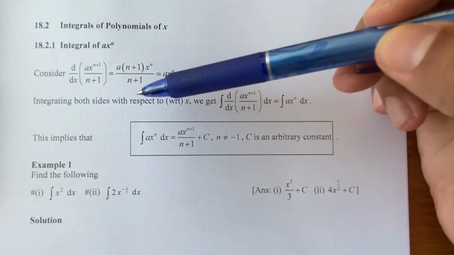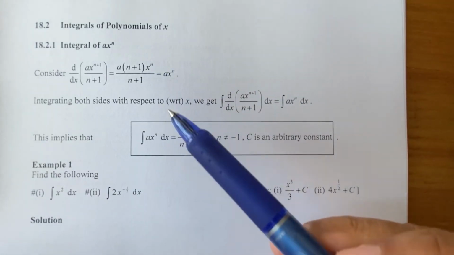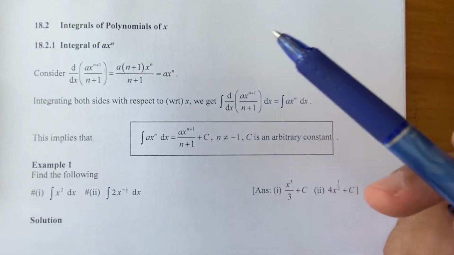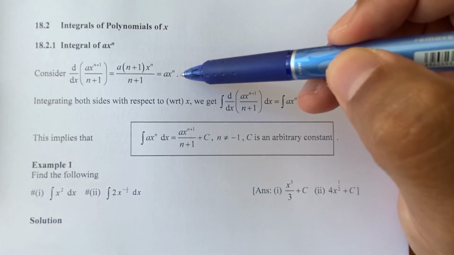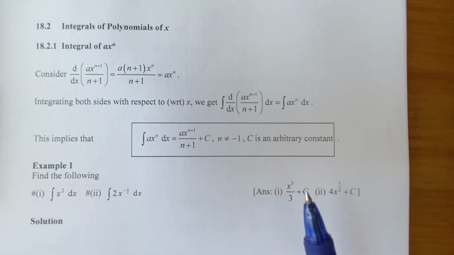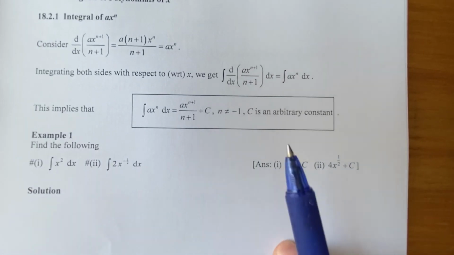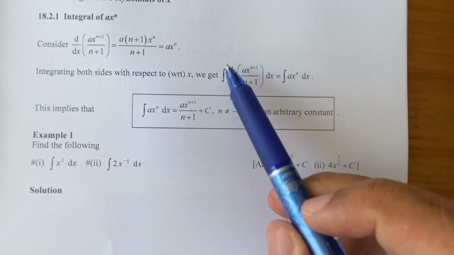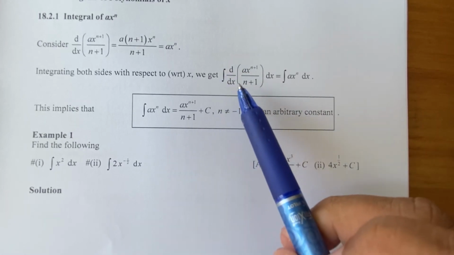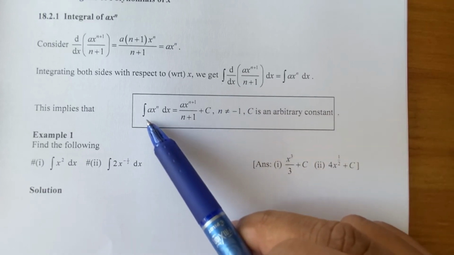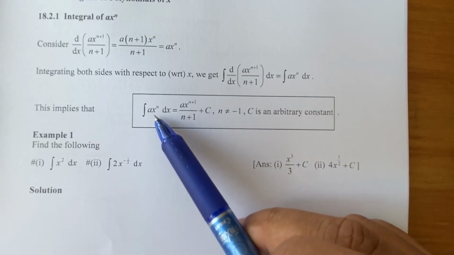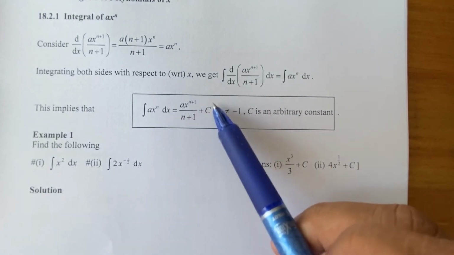So in this manner, the n plus 1 and n plus 1 cancel off, and we're going to get a x power n. So this is what we call the formula. If you differentiate, we get back what we call the integrand, a x power n dx. We are going to get this formula.